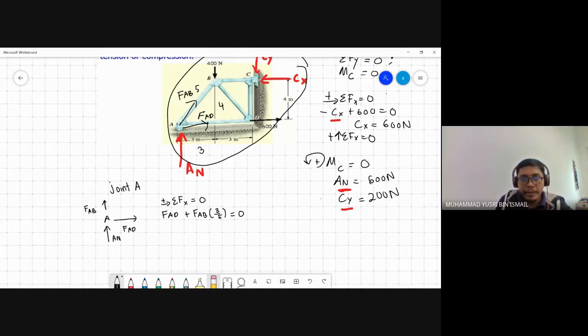Then the summation of all forces in the Y axis: AN equal to 600, plus FAB equal to 0. So FAB will be equal to negative 600 Newton.